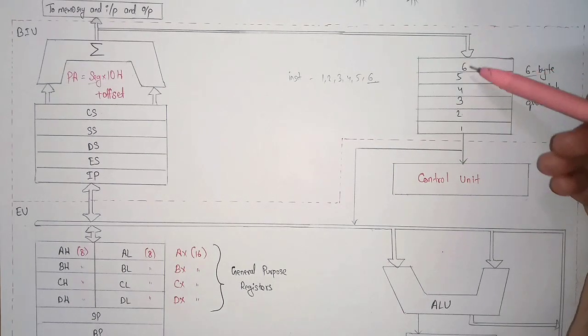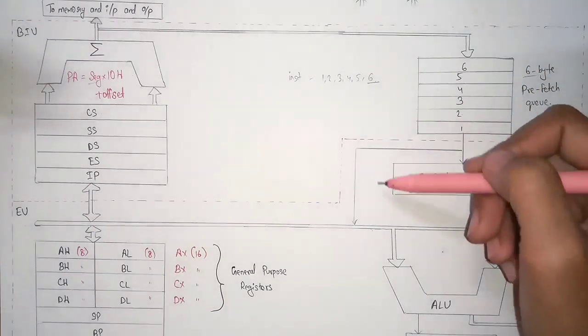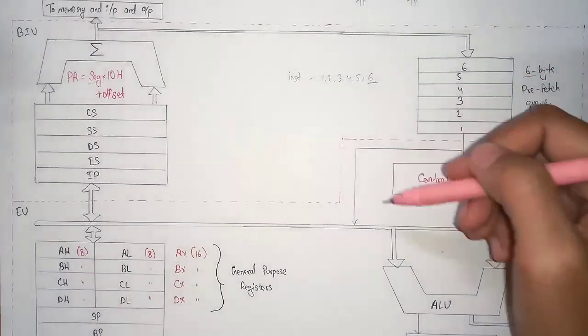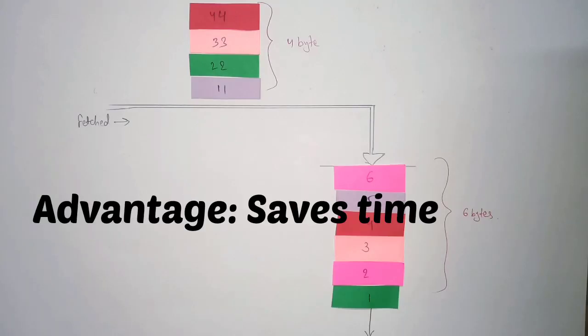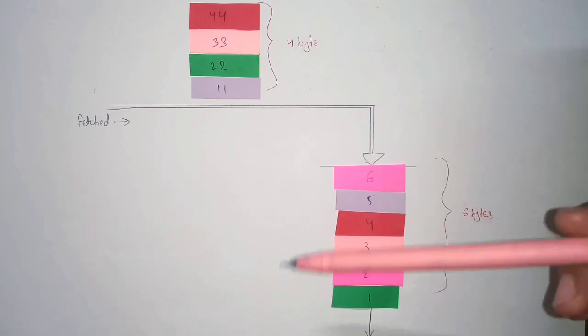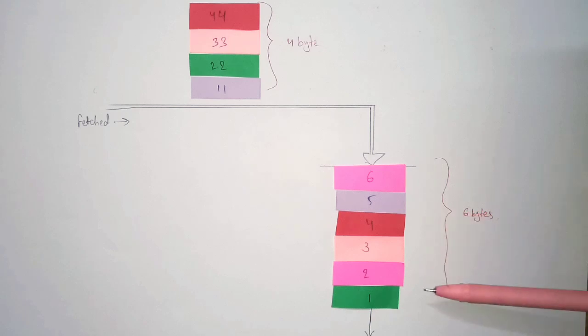So whatever instruction got first, let's say 1 got first in this queue, it will get out of the queue first, and after that, line by line, every instruction will get out of the prefetch queue. So the advantage of using the 8086 microprocessor is pipelining, because pipelining saves time. Now let's see why there is a disadvantage also in this pipelining, as the microprocessor expects that every instruction will get executed in a sequential manner.